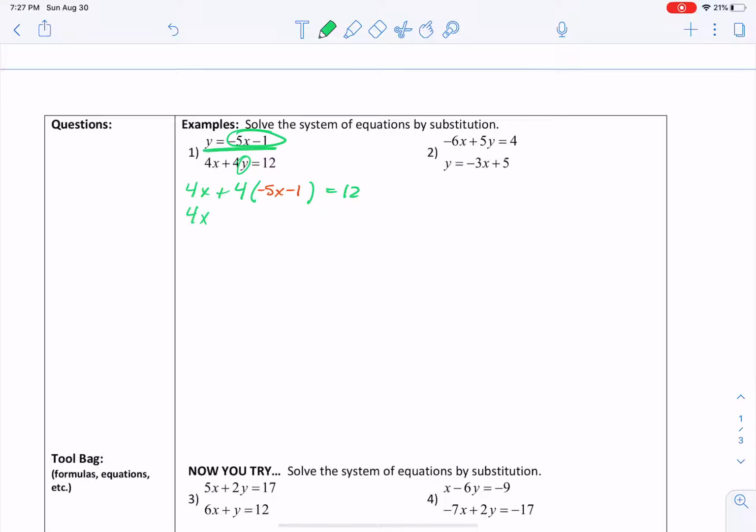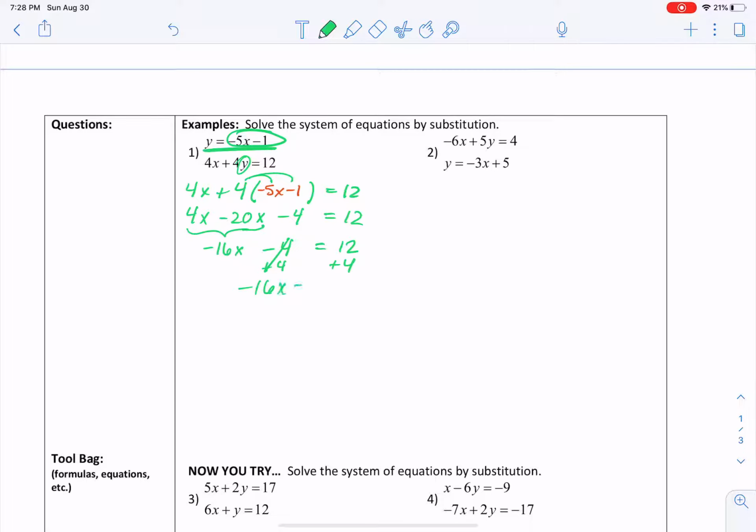So 4x minus 20x minus 4 equals 12. That's from distributing. Combine like terms and I get negative 16x minus 4 equals 12. And I'm going to add 4 to both sides.